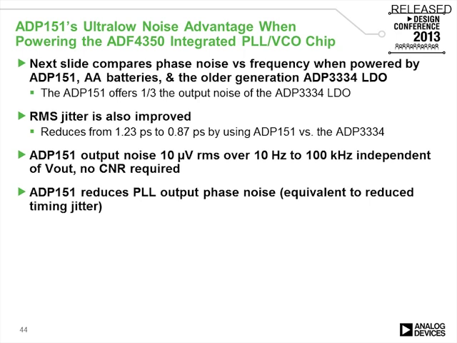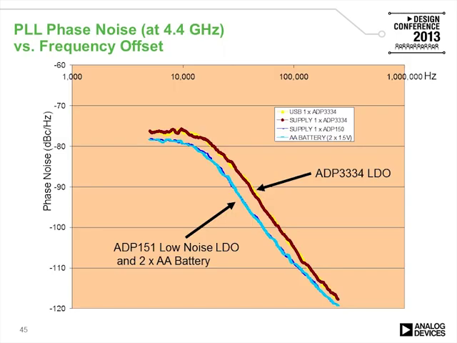We connected that up to the output of a PLL that we can find on the FMCOMMS1 platform. We can see that with our previous generation device, the phase noise coming out of the PLL is directly proportional to the noise it sees on its supply.